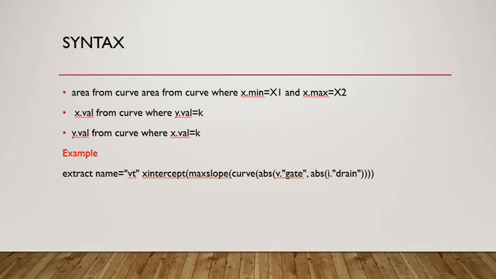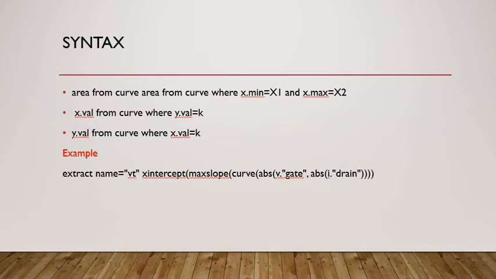And one more example is there, of how you can use the above manipulations together. You can see that this is for some VT, in which you take x-intercept, max slope, curve, absolute from v dot gate and absolute i dot drain. So what is that? Absolute of i dot drain gives you the absolute drain current, and v dot gate, the two axes x and y that you are plotting.